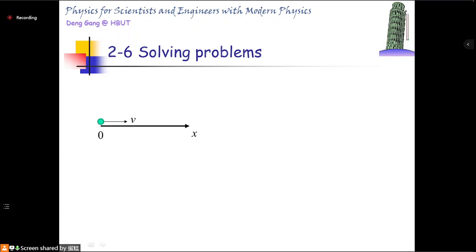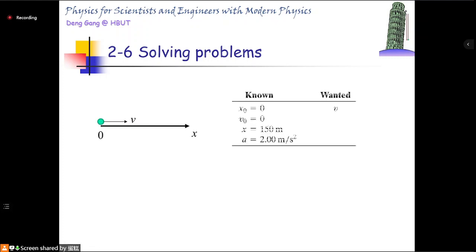This direction is the direction of the runway, which is also the x direction. We choose this direction to be the positive direction, and the velocity should be in this direction. Okay, this is the model, axis, and coordinate.